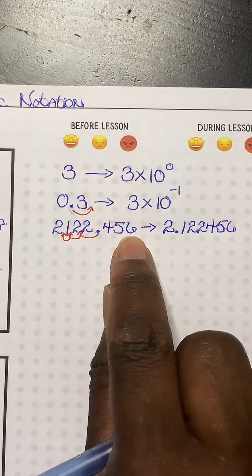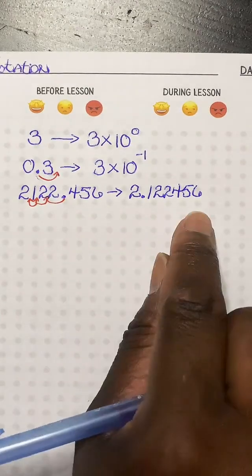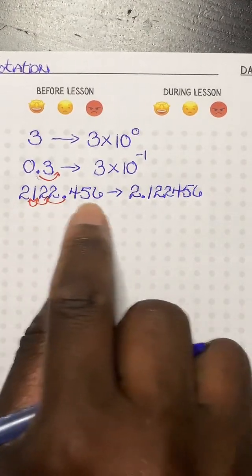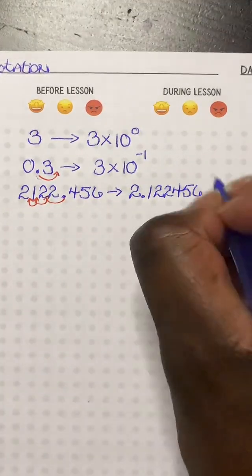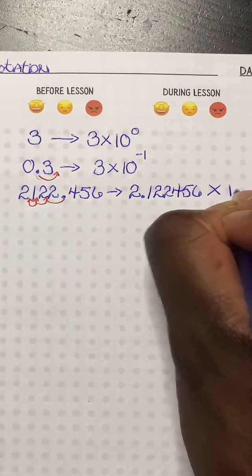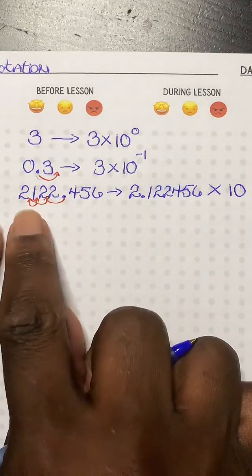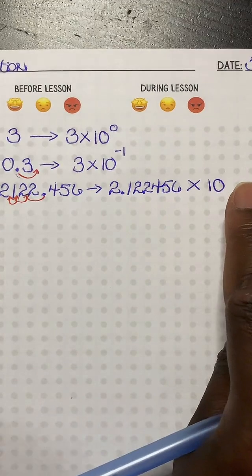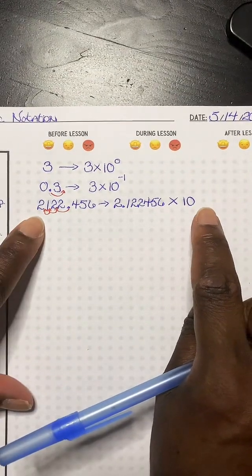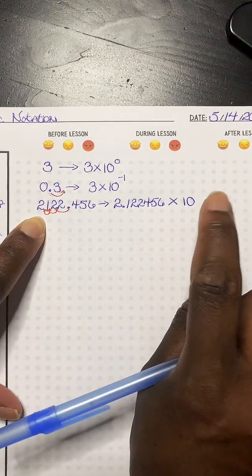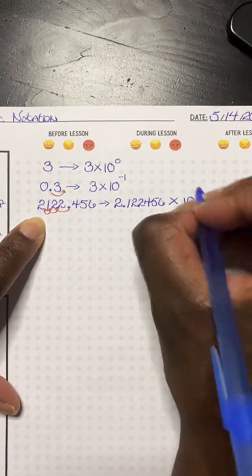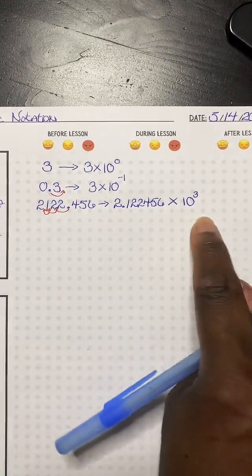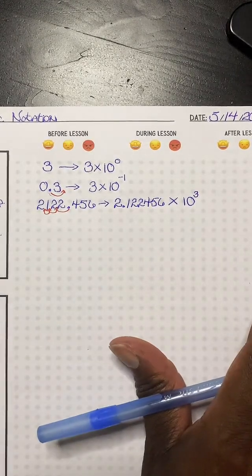All of those numbers need to be represented because if I wanted to convert it back to its original state, these numbers need to be represented. Since I moved that decimal place over to the left, my exponent needs to be positive. And how many times did I move that decimal point? 3 times. It looks crazy, but that's what it is.